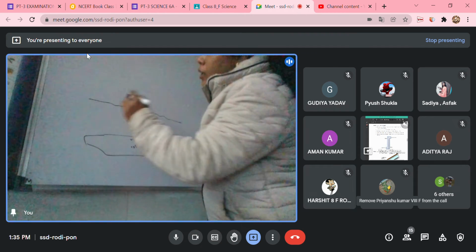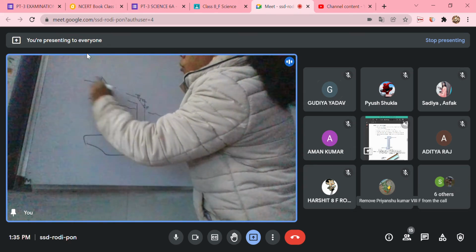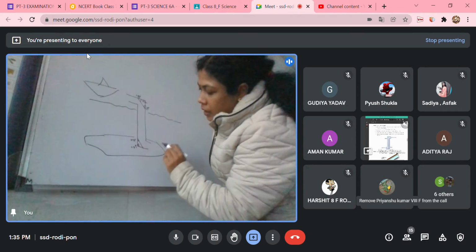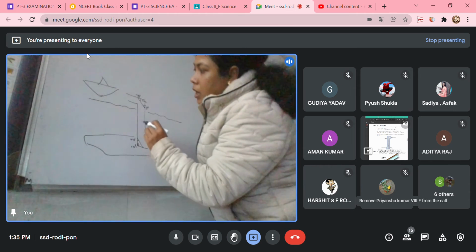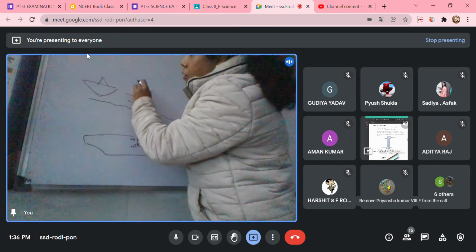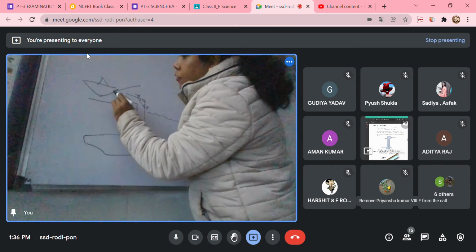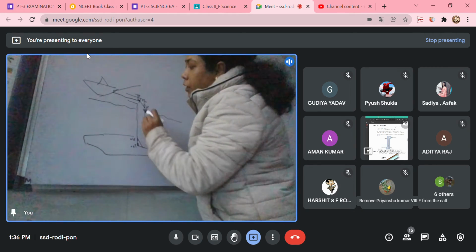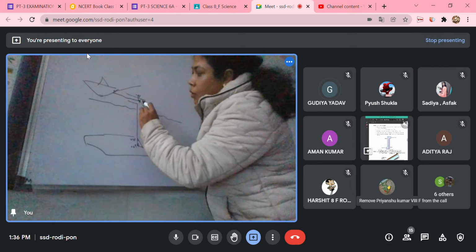Okay, so suppose a boat is coming and you want to see it from inside the submarine. How are you able to see? The rays of light fall on this boat, and after falling, they reflect onto the first mirror.